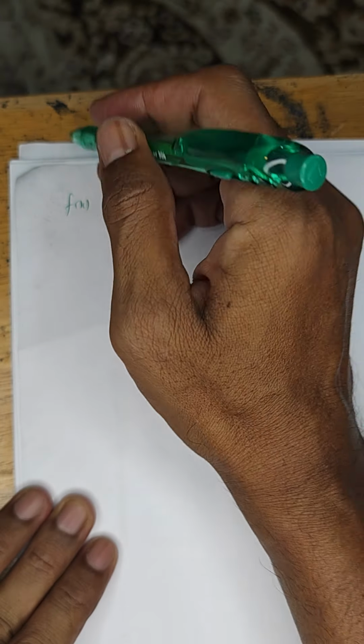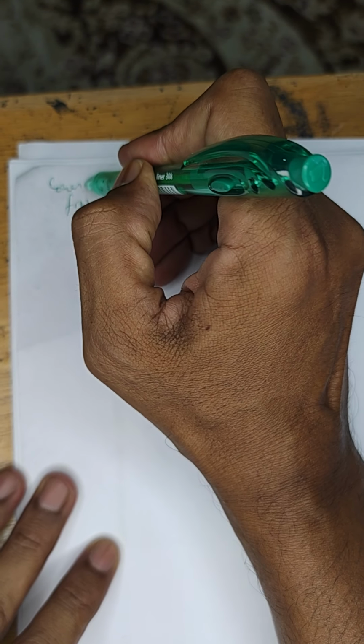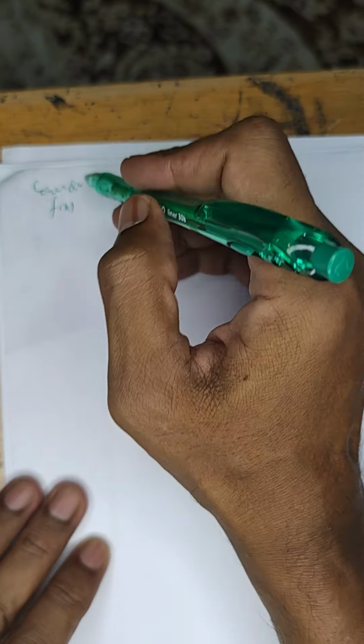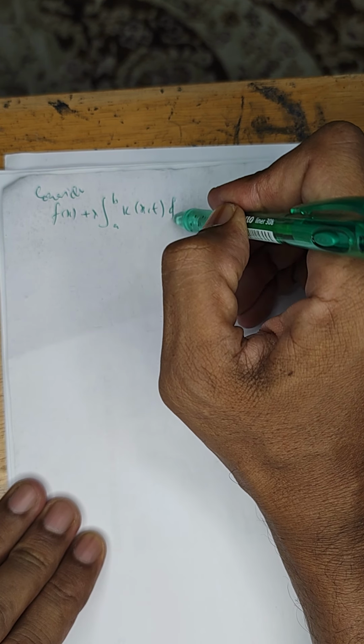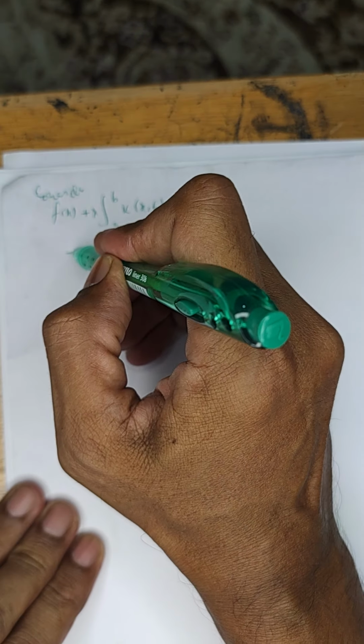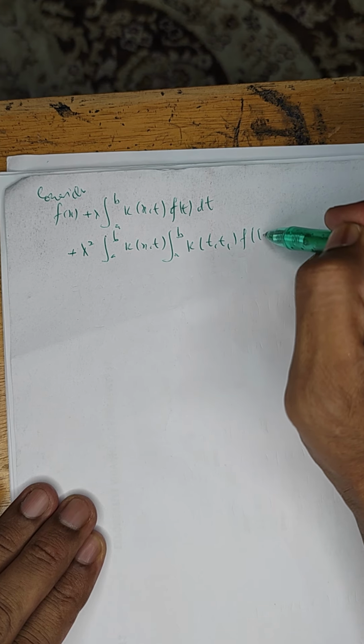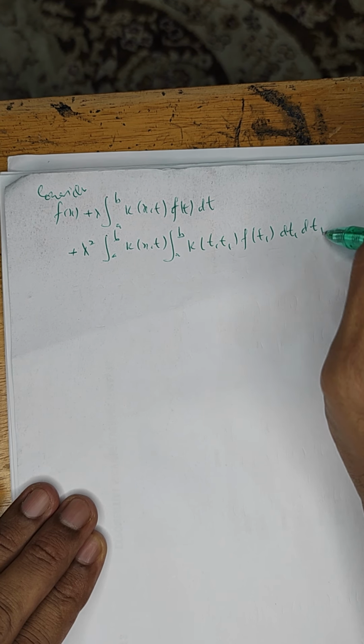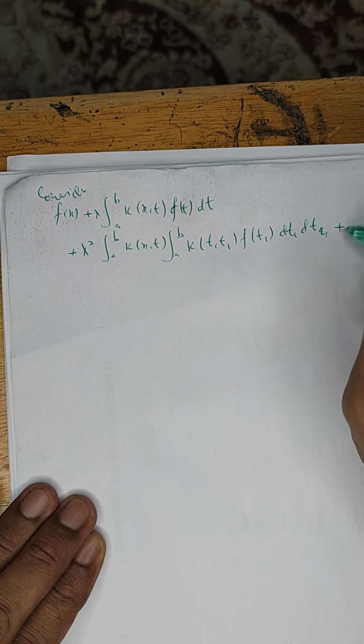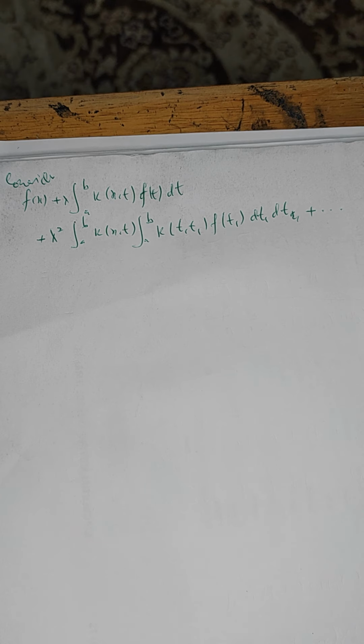So consider f(x) plus lambda integral a to b K(x,t) f(t) dt plus lambda squared integral a to b K(x,t) integral a to b K(t,t1) f(t1) dt1 dt, and so on. So we consider that series.